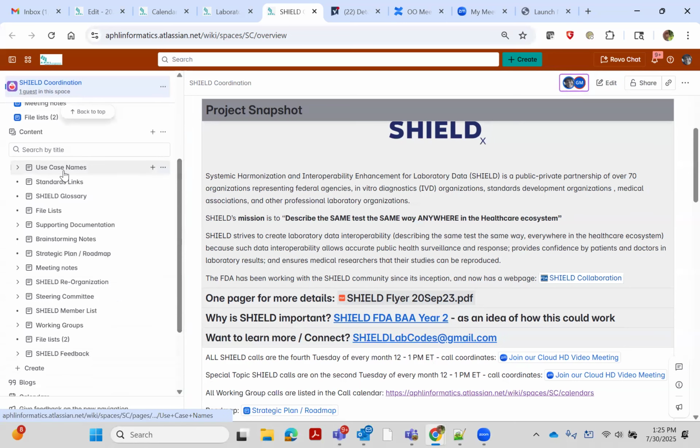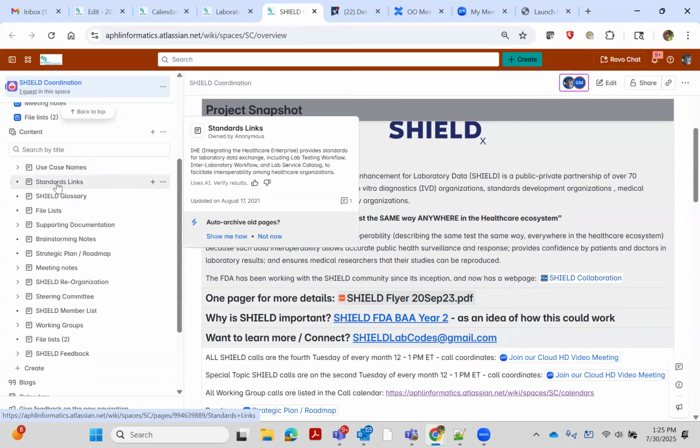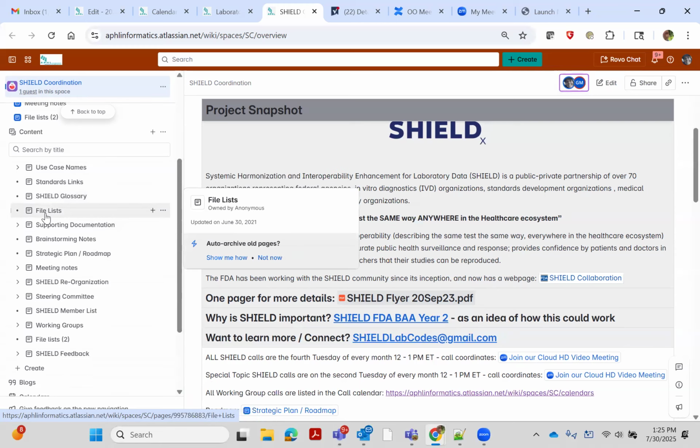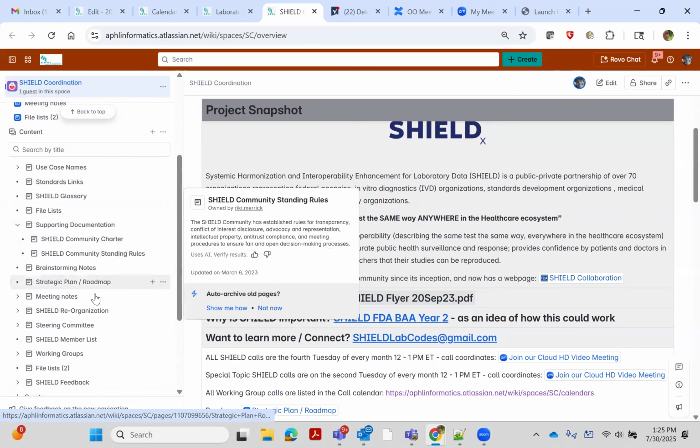So we have the different use cases that SHIELD can apply to. We have links to all the standards that are related to lab data in general. We have a glossary of the terms we're using and the file list as usual. We have supporting documentation, which is our community charter and our standing rules.